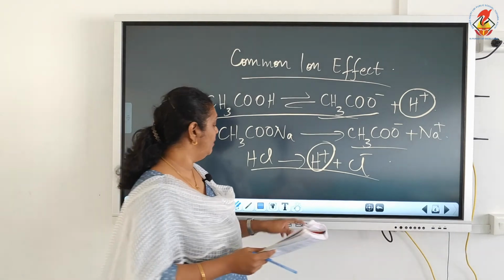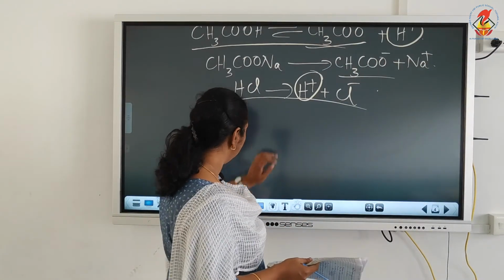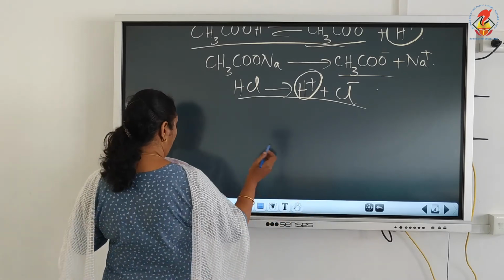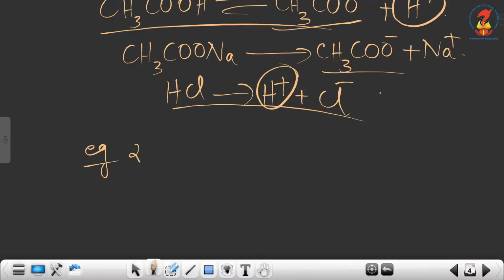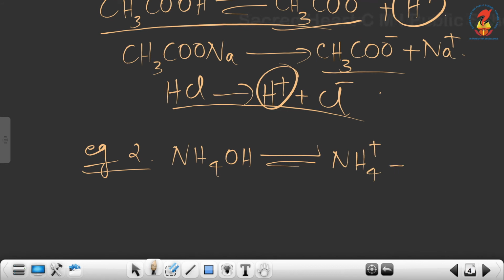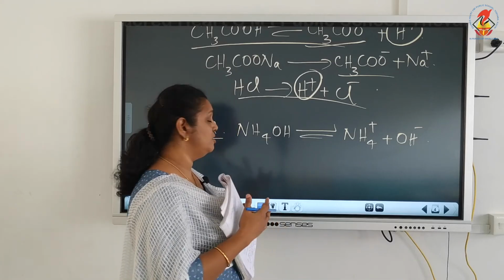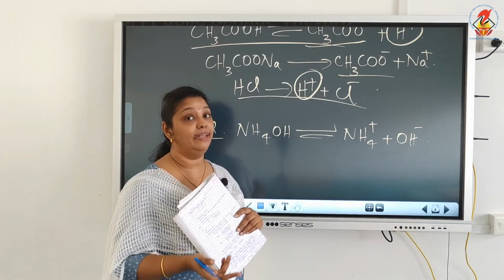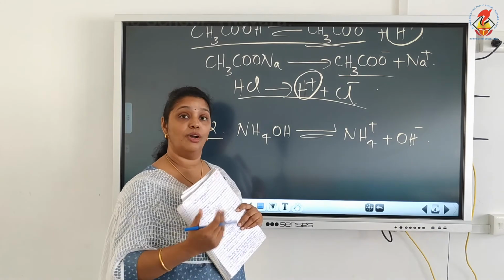Now another example for common ion effect is ammonium hydroxide. This is example number 2. Ammonium hydroxide is a weak electrolyte, and we know ammonium hydroxide will dissociate into NH4+ and OH-. Now to suppress the dissociation of ammonium hydroxide, I have to add a strong electrolyte which contains either NH4+ or OH-.